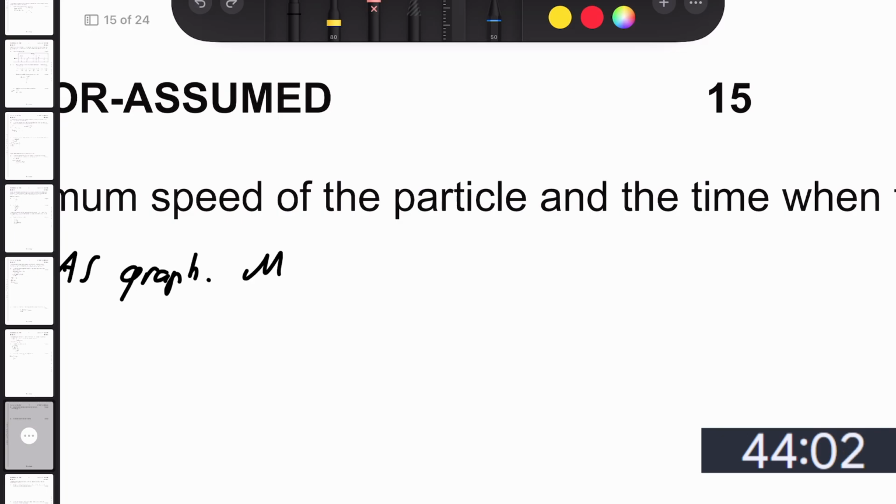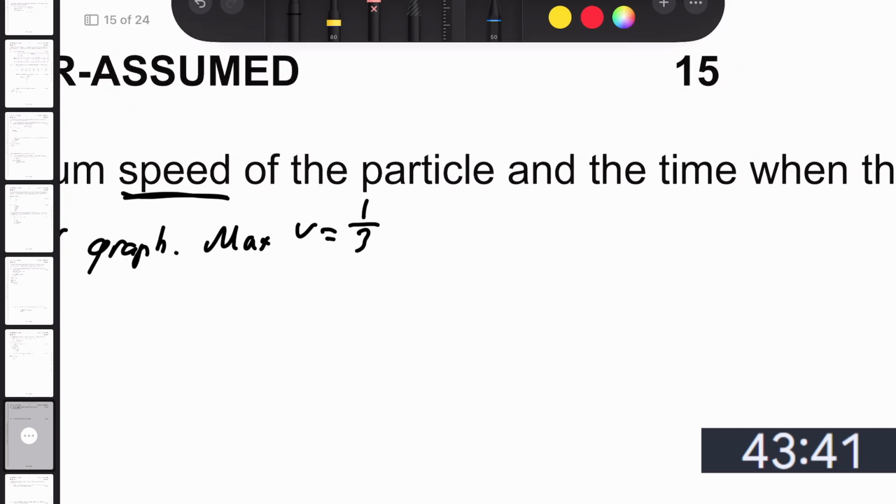Max V. Oh wait, maximum speed. Speed can be negative or positive. Max V equals, let's see what it is. Solve for 1x is equal to 10. 1 on 3.